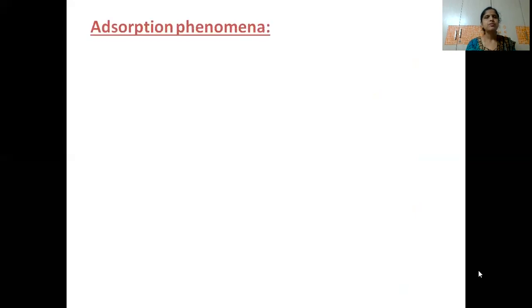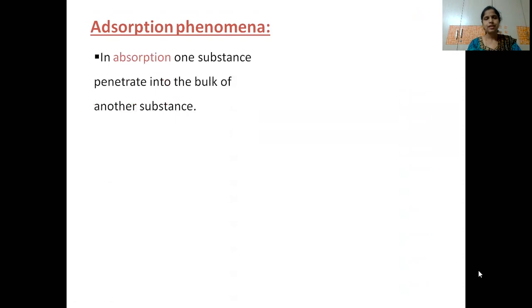Next we'll see the principle involved. The main principle involved in all chromatography techniques is the adsorption phenomenon. You might have heard the term adsorption. There is another term, known as absorption. First we'll see the difference between absorption and adsorption. Absorption is when one substance penetrates into the bulk of another substance.